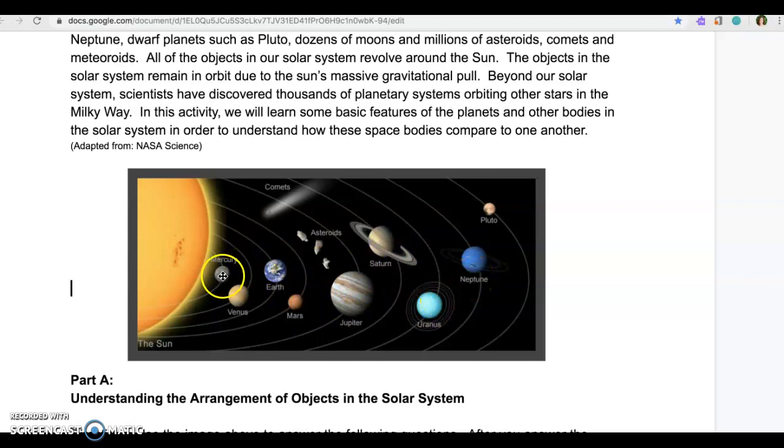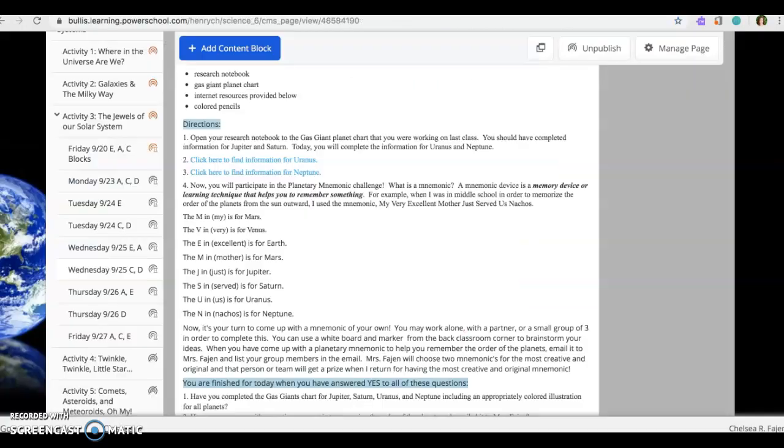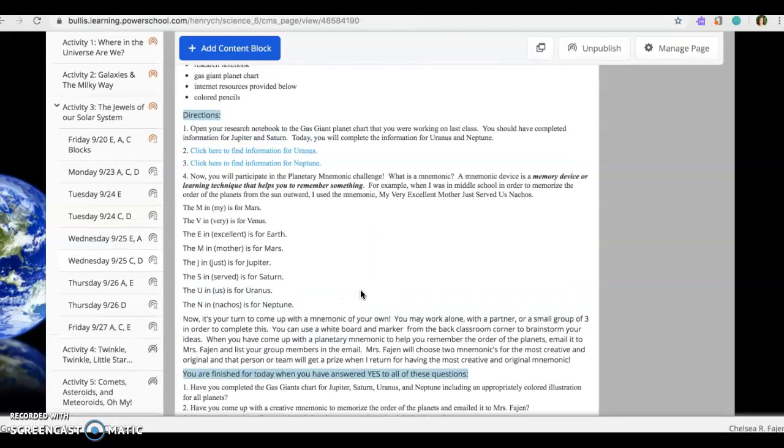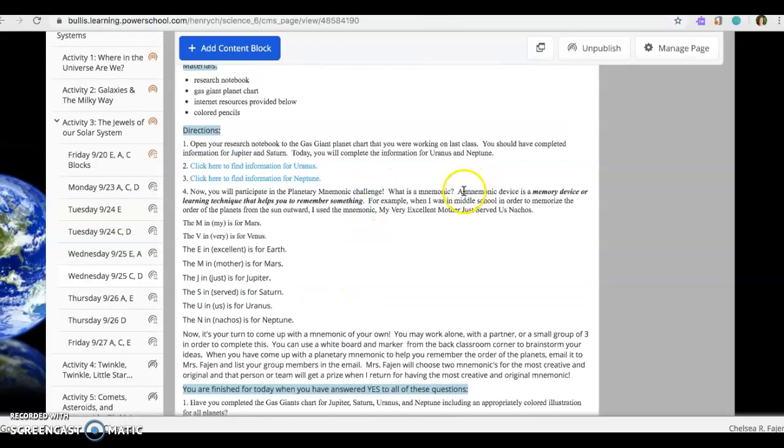And you may have noticed that the distances from the sun definitely impact their year or their period of revolution, which is how long it takes them to go around the sun. But anyway, this challenge is just to see if you can come up with a fun, creative and original mnemonic to remember the order of the planets from the sun.